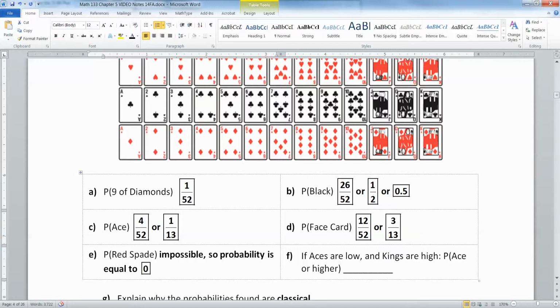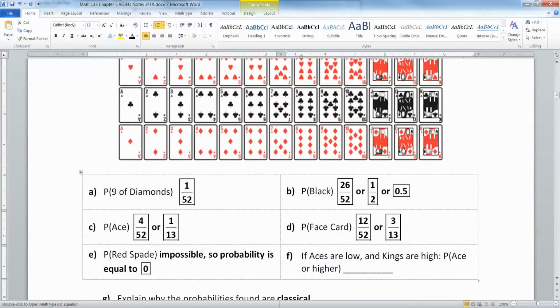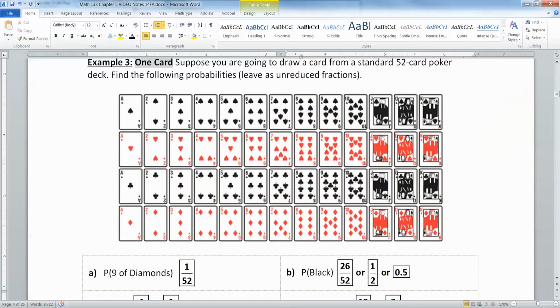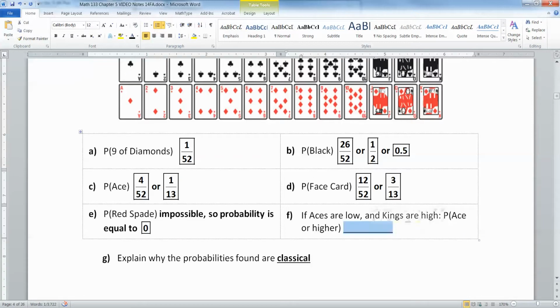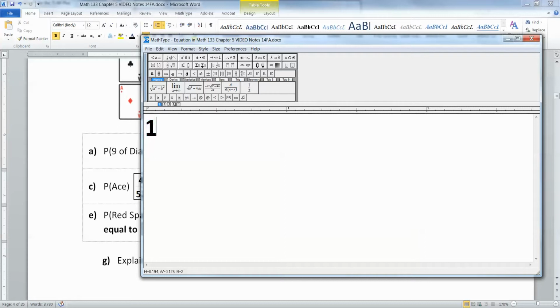All right, now if aces are low and kings are high, which is actually the way I have this drawn right here, what's the probability of an ace or higher? Okay, ace or higher, so that'd be from here on up. So that's all of them. They're all there. So that would be all the cards. So the probability is equal to 1.